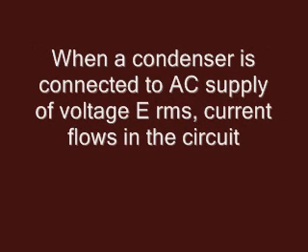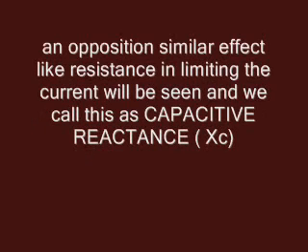When a condenser is connected to an AC supply of voltage ERMS, current flows in the circuit. An opposition, similar in effect to resistance in limiting the current, will be seen, and we call this capacitive reactance XC.